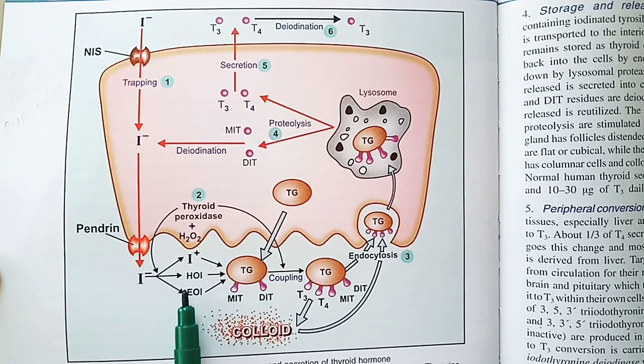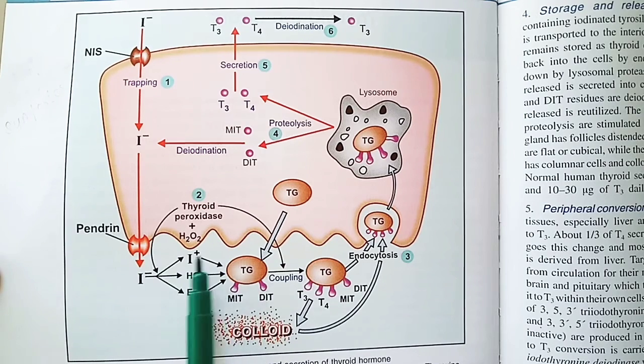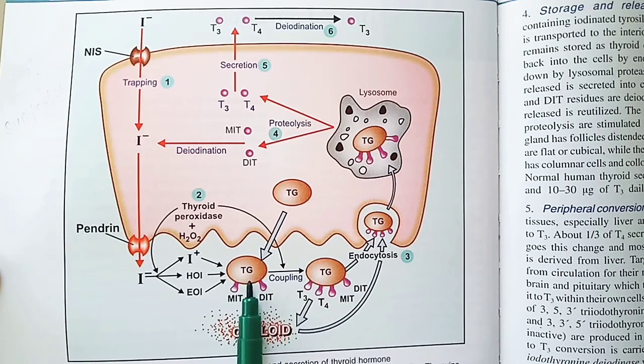This oxidation process yields these three ions. After this, they are converted into Tg. Tg means thyroglobulin. This thyroglobulin is formed by the action of these three ions on the tyrosyl residues. Then thyroglobulin forms monoiodotyrosine and diiodotyrosine.